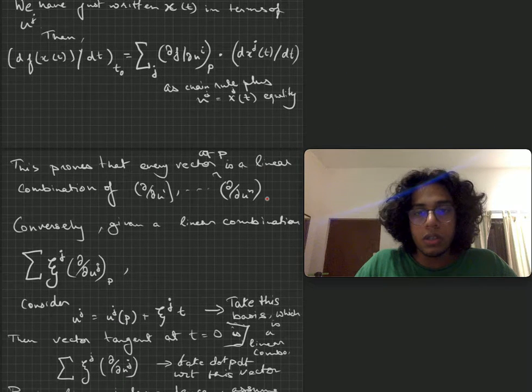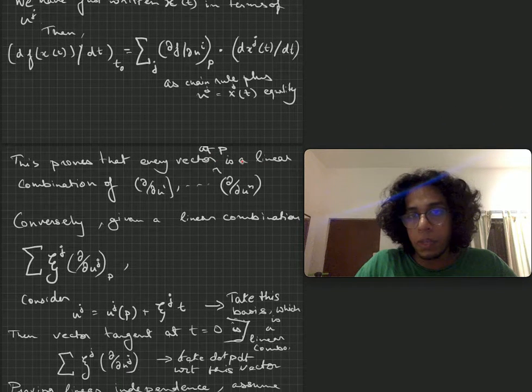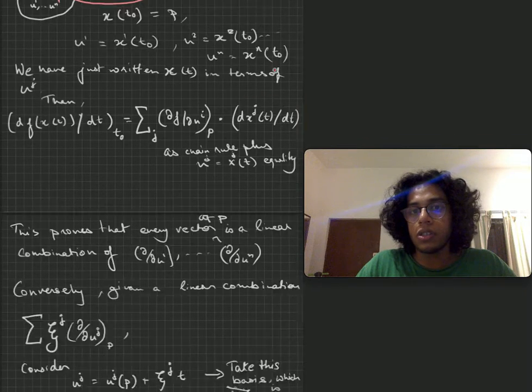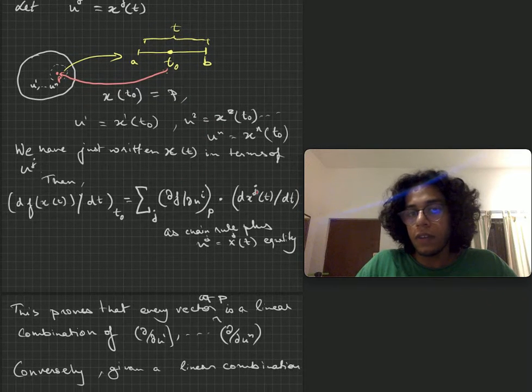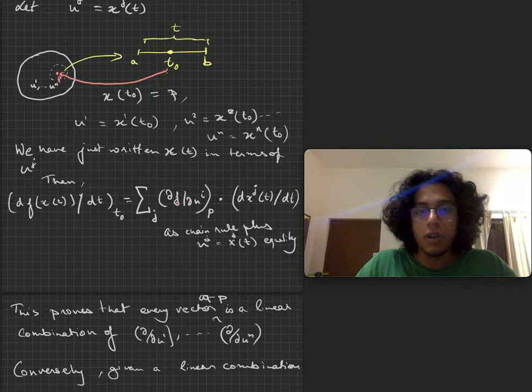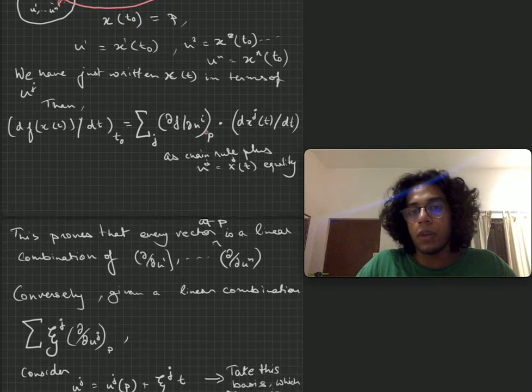Now this proves that every vector at p is a linear combination of dou by dou u, because the derivative of x with respect to t is some number. Because it is mapped onto the reals, x with respect to t will land up giving you some number. So you have some number which acts as a coefficient here, and then you have your dou f by dou u.